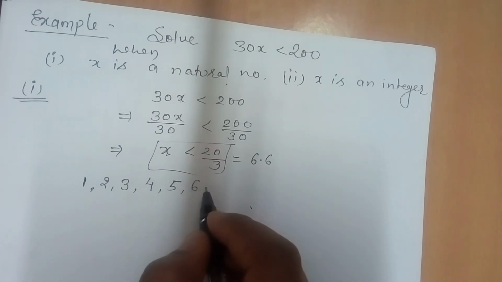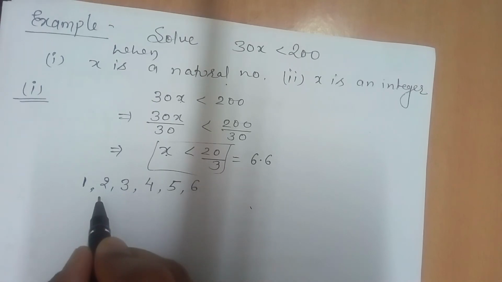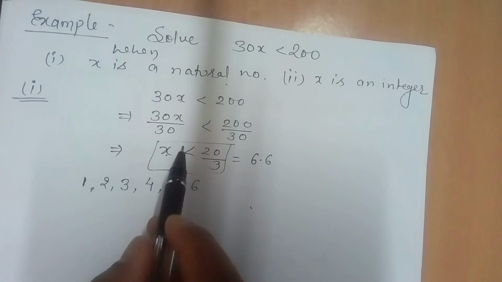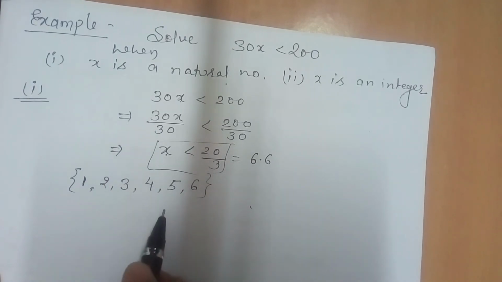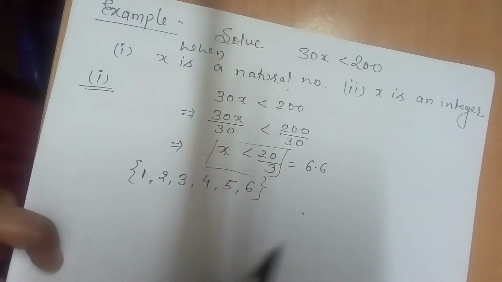But for x equals 7, the statement is false. So these are the values of x for which the statement is true. The set of these values of x is called the solution set of the inequality.